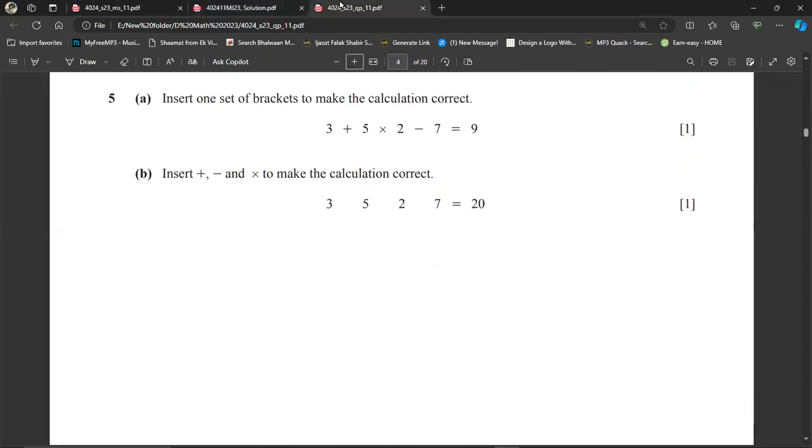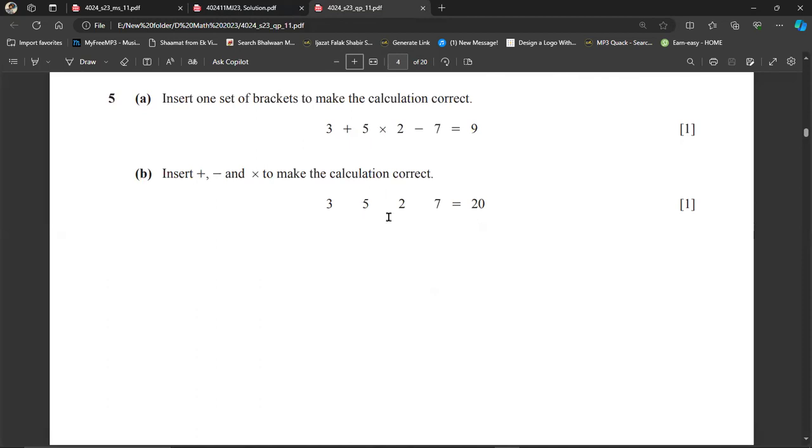Question number 5 is the B part. It says insert plus, negative, and multiply to make the calculation correct. Here we have 5 and we want the answer 20. So you have to put a positive sign, a negative sign, and a multiplication sign.